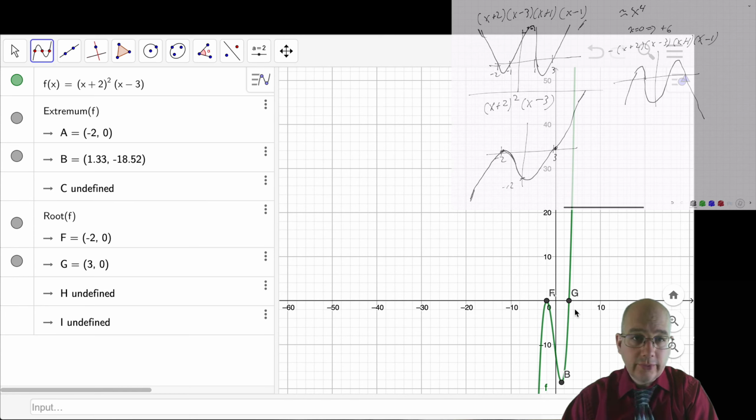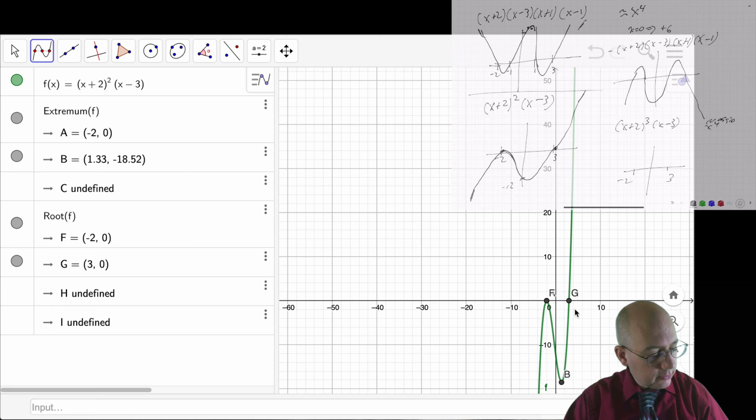And if we were to increase it to a cubic power, then it looks like a cubic at that point. X to the 4th, massive. So we still have minus 2 and 3. Starts up here, ends up here. Basically, you would come in like this, kind of graph it like it was a cubic. Going through there, this is probably like minus 24, and then it comes up like that.